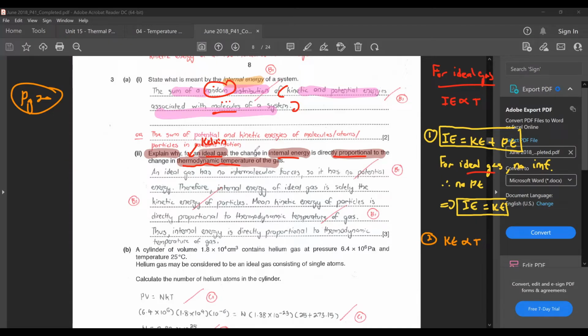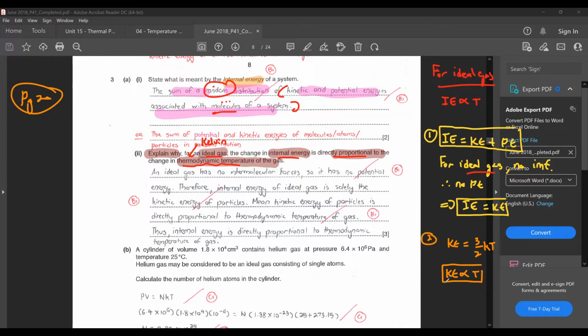Later on you will learn a particular equation which says KE is 3/2 kT, where k is a constant called the Boltzmann constant. But this one you will learn later on. The conclusion from this equation is that you're supposed to be able to deduce that KE is proportional to T.